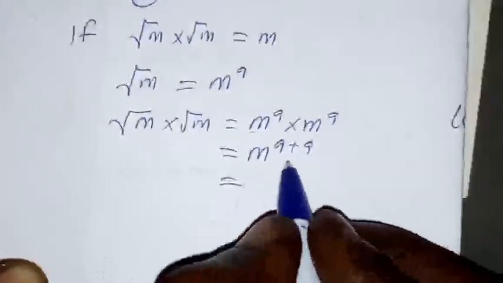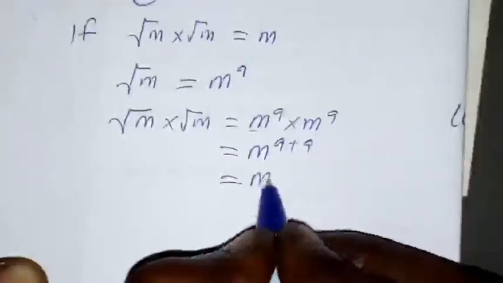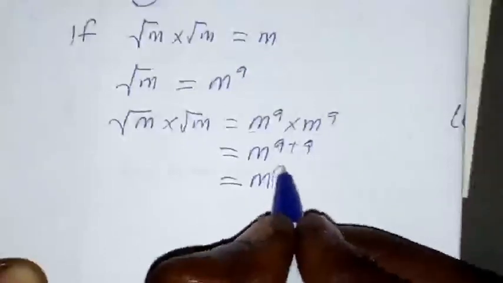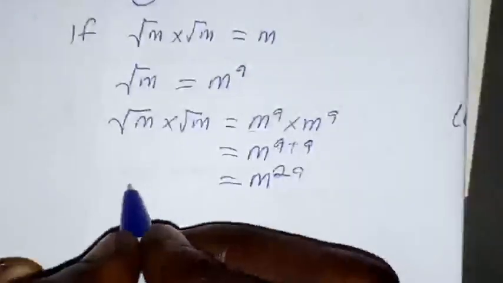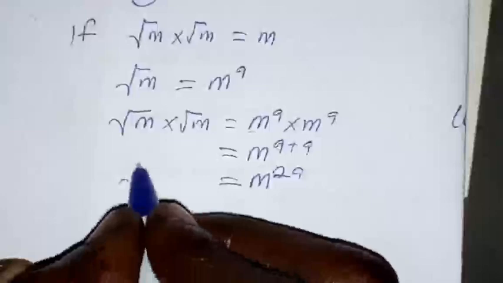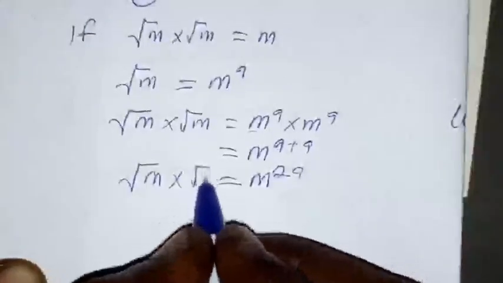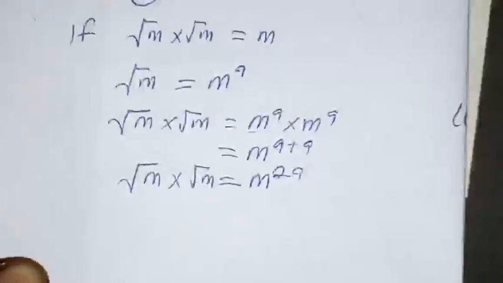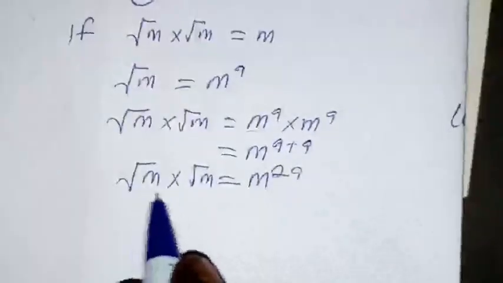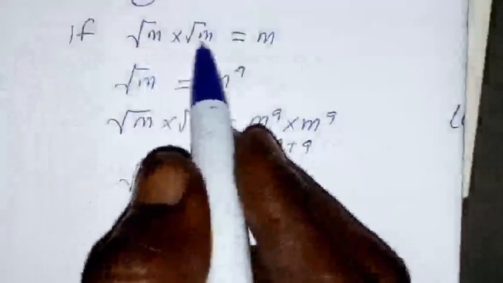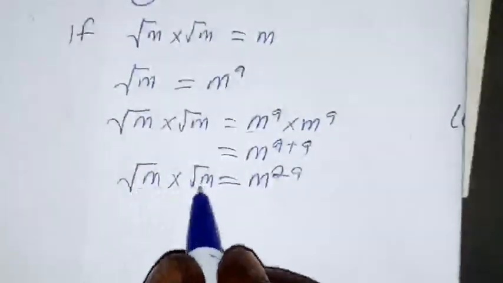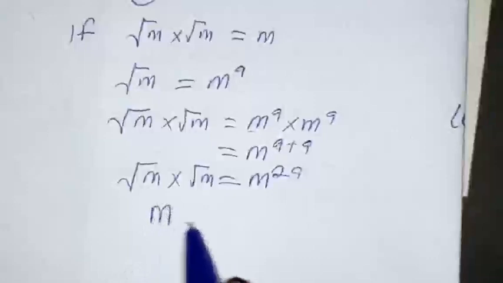This is equal to m power of a plus a, which is 2a, which is the same as root of m times root of m. But remember, we said that root of m times root of m is equal to m. Therefore, root of m times root of m is equal to m.